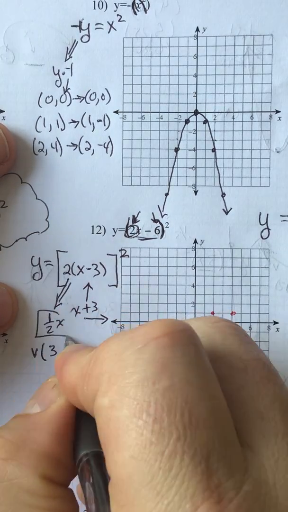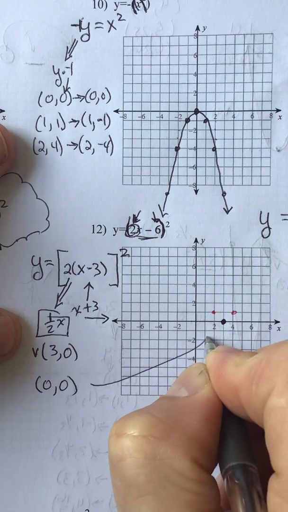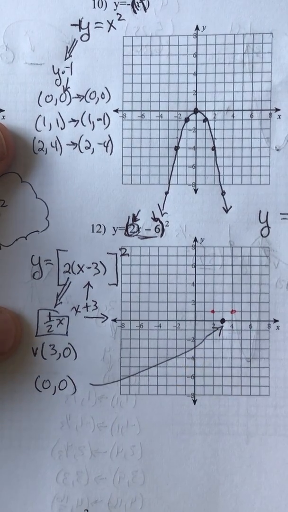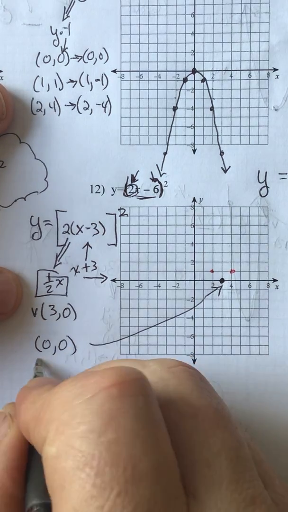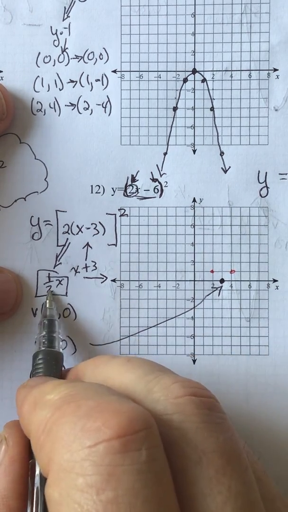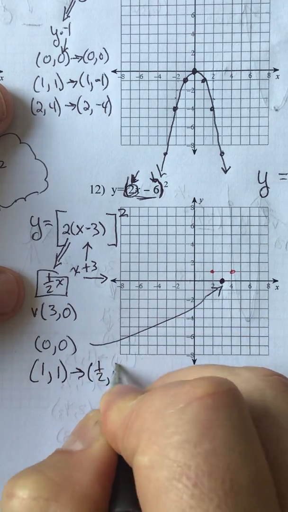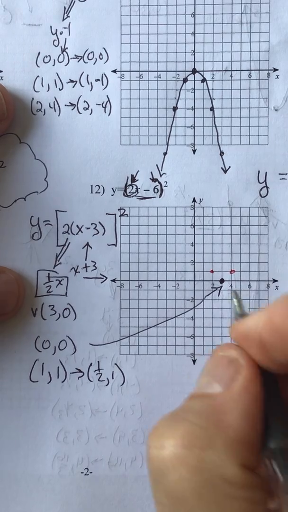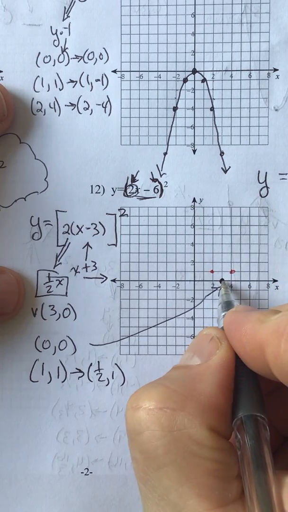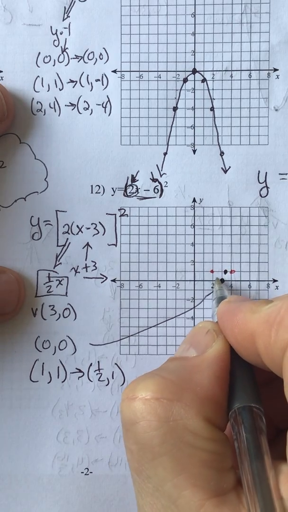The x's are half as much, so I'm going to pretend like that is 0, 0, even though it's been shifted. I'm supposed to go over 1, up 1, but the x's have been halved, so I'm only going to go over a half, up 1. So instead of going over 1, up 1, I'm going over a half, up 1, and then left a half, up 1.